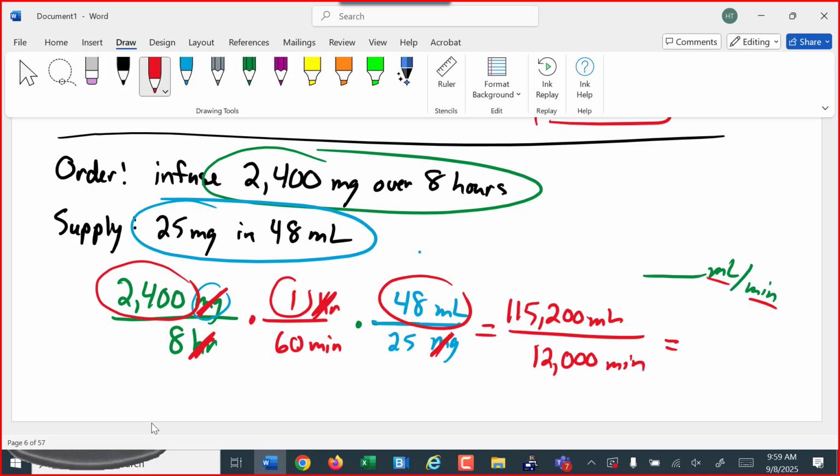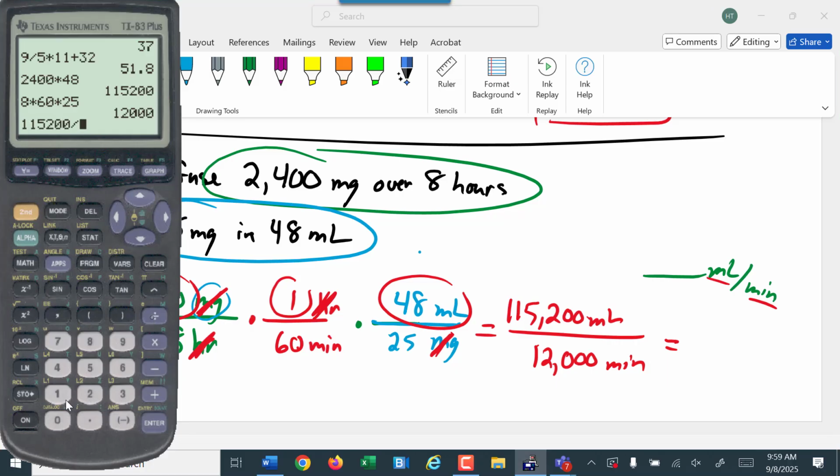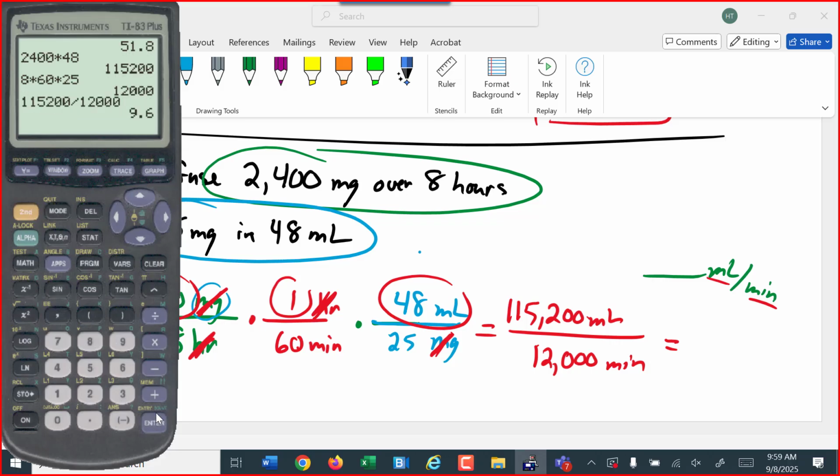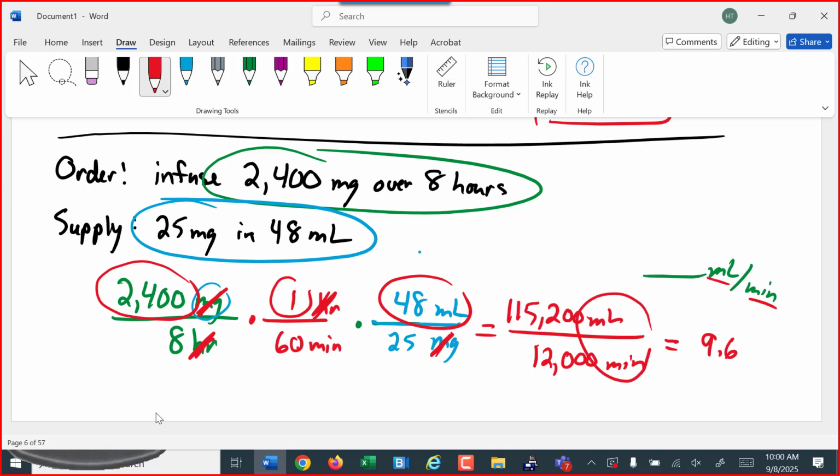And then it's just a matter of dividing that out. 115,200 divided by 12,000 gives us 9.6. And of course, that's milliliters divided by minutes, so milliliters per minute.